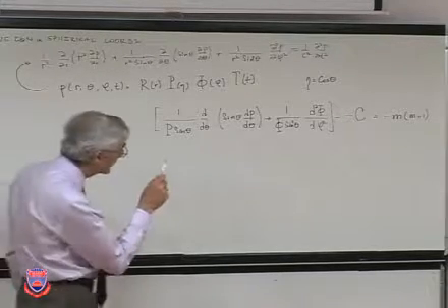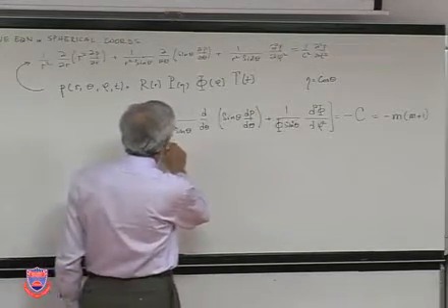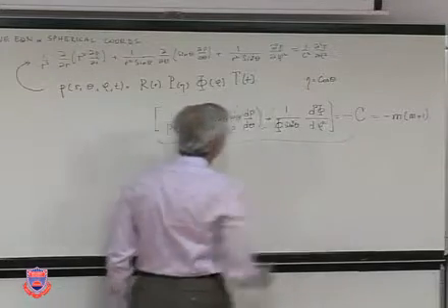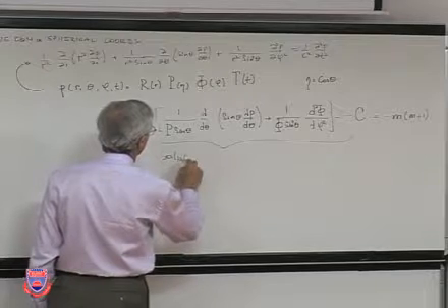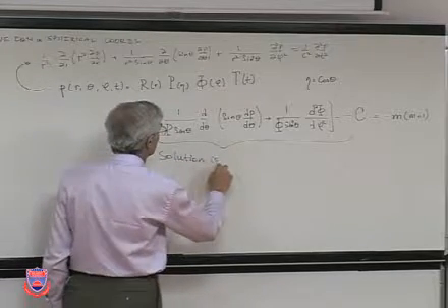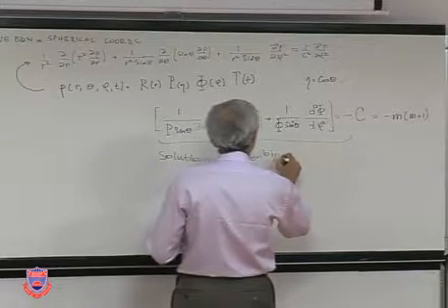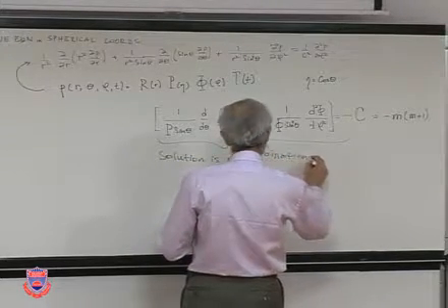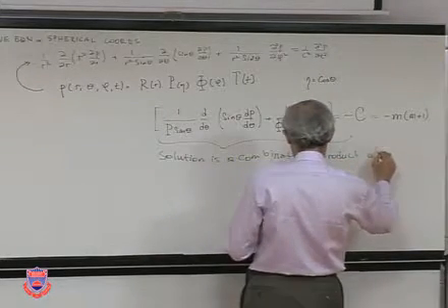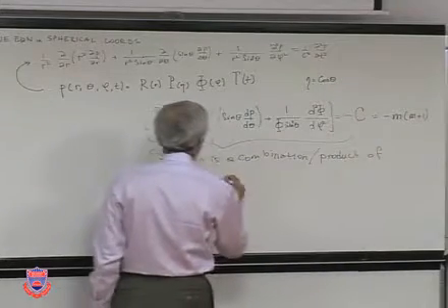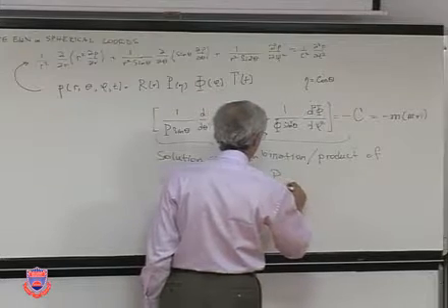Now, when you look at this equation, this is a different way of looking at the same thing. Okay? The solution is a combination, or product, of phi and PMN.